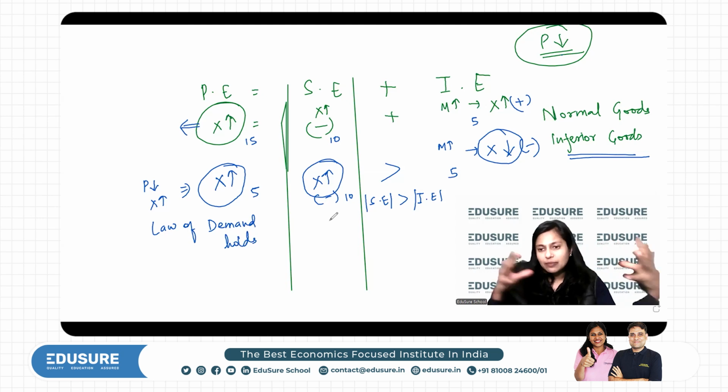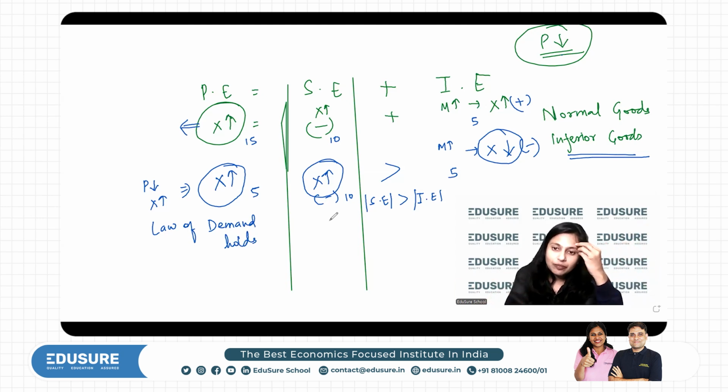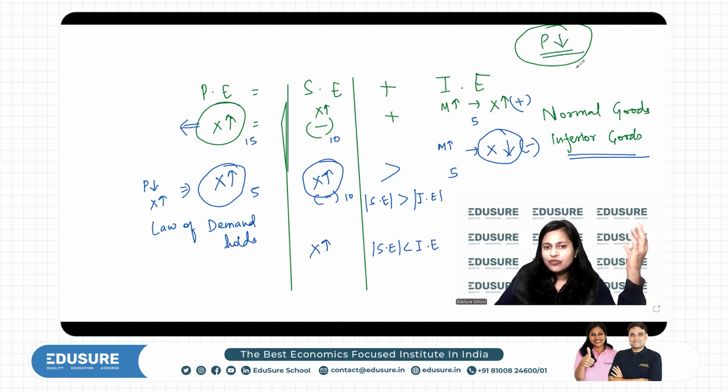That means there are some set of goods for which the strength of the substitution effect will be lesser than the strength of the income effect. This means that X increases because of the substitution effect. When price falls, X rises, but X rises by less. When price falls, income rises, but it is an inferior good, which means that when income rises, the quantity of X falls, and the strength of the income effect is now larger.